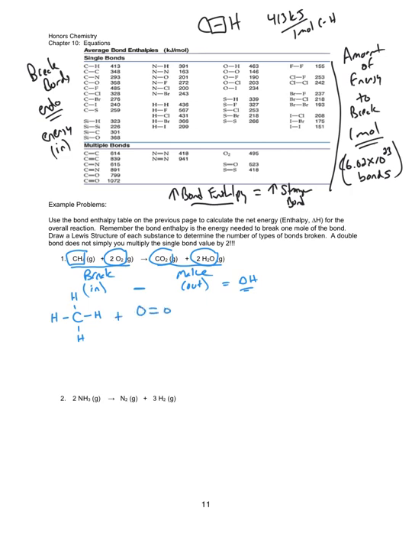Oxygen should have a double bond between it. Carbon dioxide has a double bond between each carbon and oxygen. And water has a single bond.